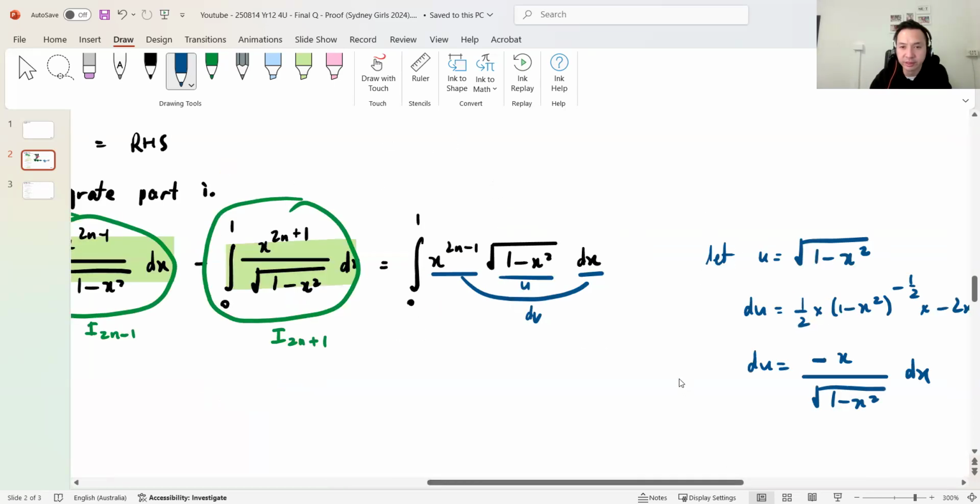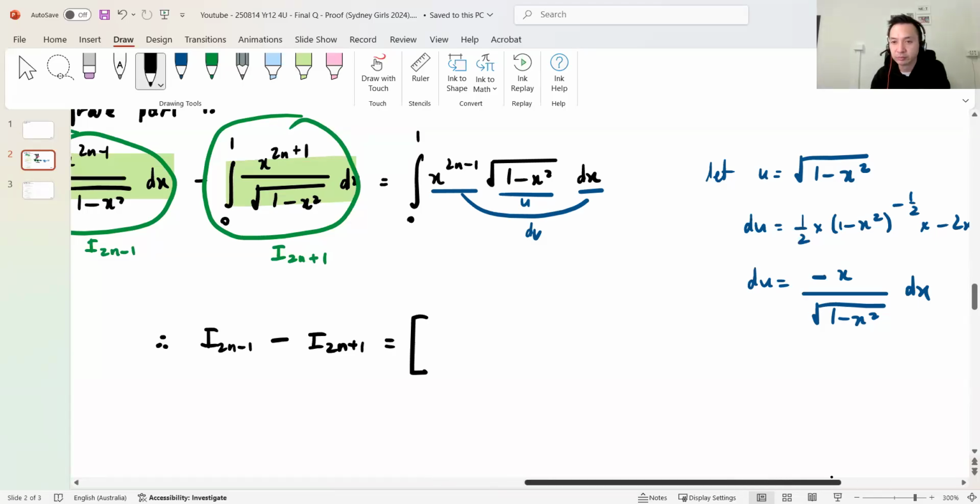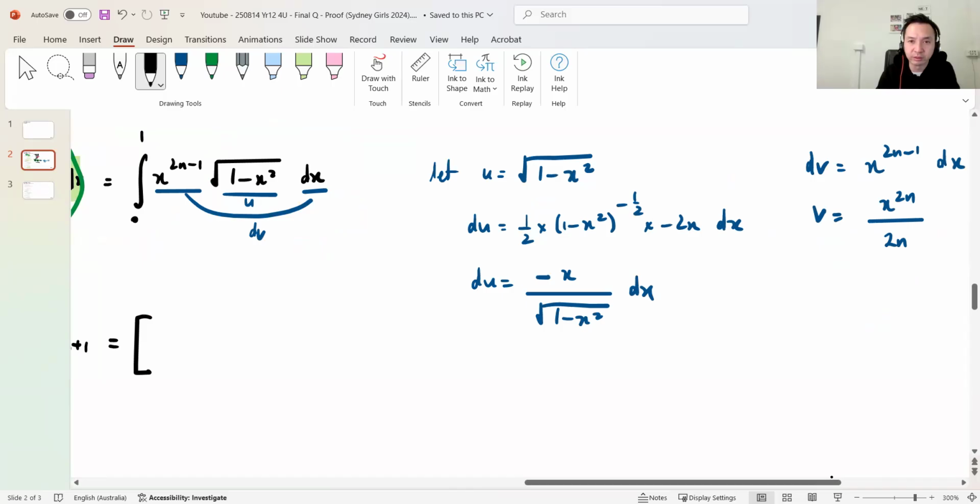So then over here, I'll say that therefore I_(2n-1) minus I_(2n+1) equals, from the limit uv minus the integral of v du. V was that, okay. So it'll be x^(2n) square root of 1 minus x squared over 2n, from 1 to 0.